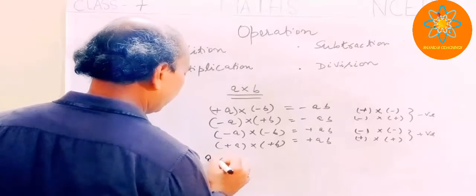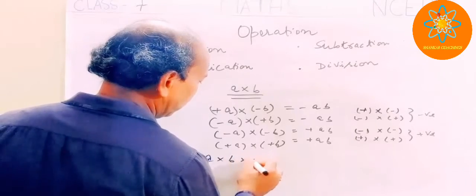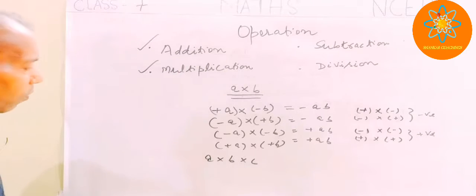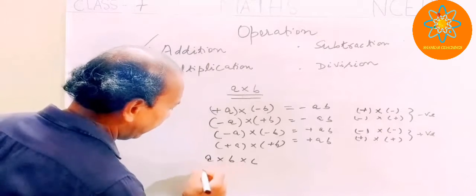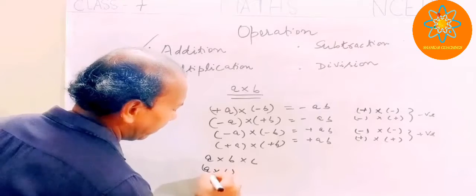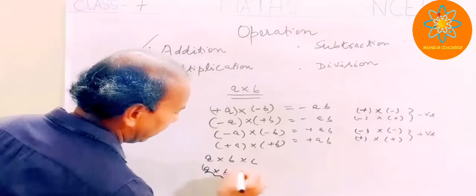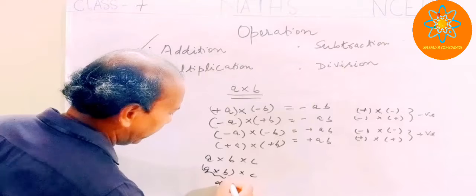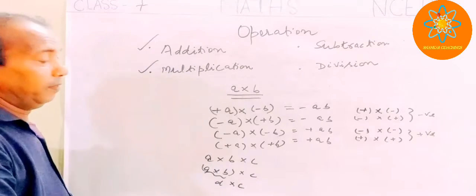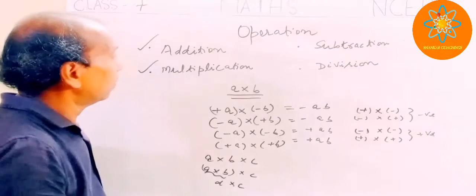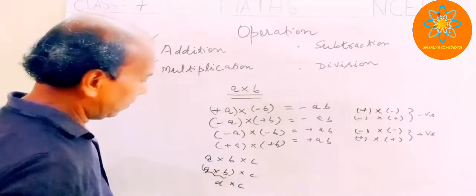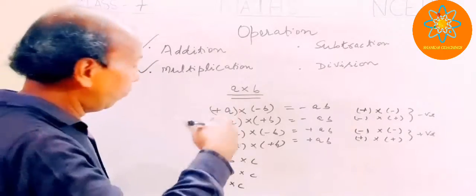Suppose we want A into B into C. How will we multiply? We take A into B, and whatever we get, suppose I get D, then D into C. In this way I can find the multiplication of more than 2 integers. Similarly 3, 4, 5, like that.